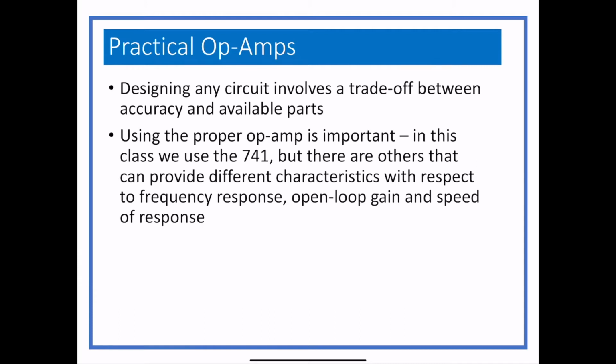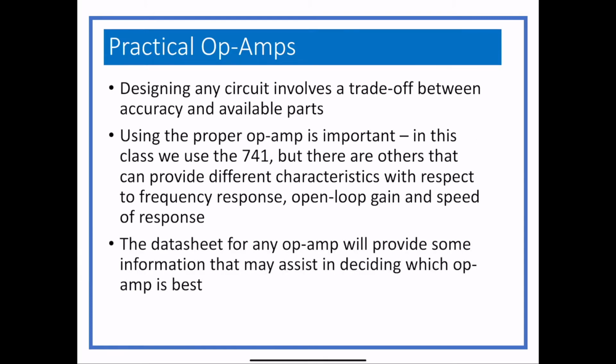But there are different characteristics that go with every kind of op amp you get. There's frequency response, or the open loop gain. Remember I said for ideal op amps it would be infinity. We know it's not really infinity, and it's large, but it's different depending on what op amp you use. Use of a data sheet helps a lot because it actually gives you some of these parameters.